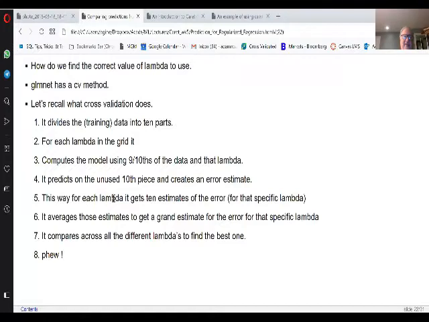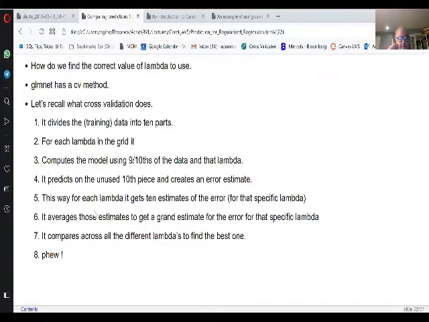So for each lambda, you get 10 estimates. You average those estimates to get a grand estimate of what the error is for that specific lambda. Finally, we have at least 100 different values of lambda, so we have 100 different estimates, and then it finds the best one.